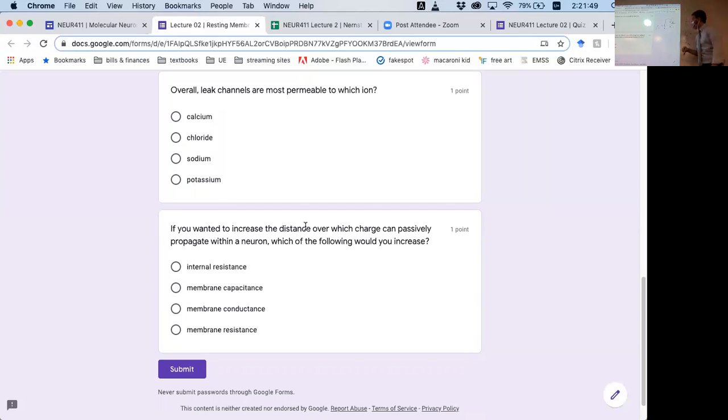Excellent. What's the I? Good. So when you think about a cross section of some sort of neurite, whether it's a dendrite or axon, doesn't really matter. So we slice through it. We're looking down the middle. This is what determines the internal resistance and what determines the membrane resistance. What's stuff in the membrane?